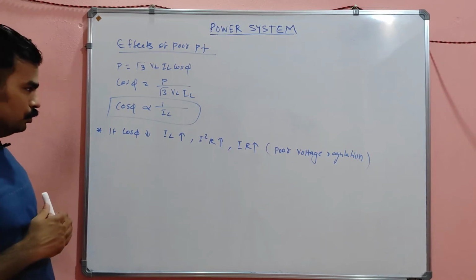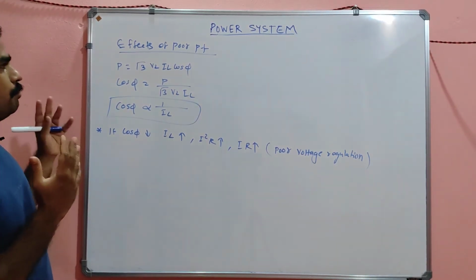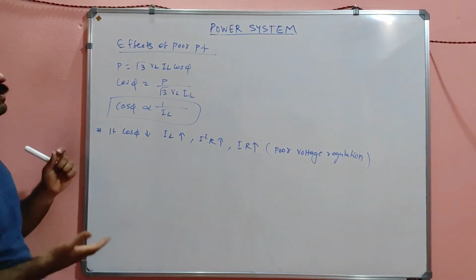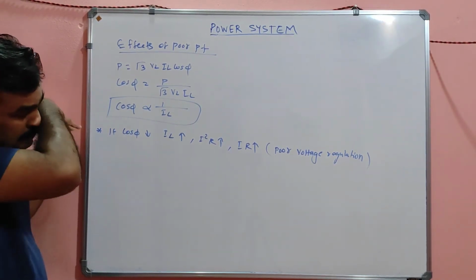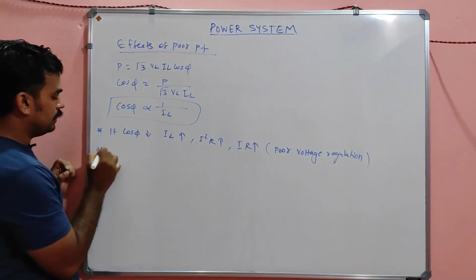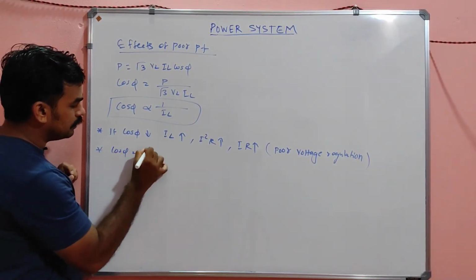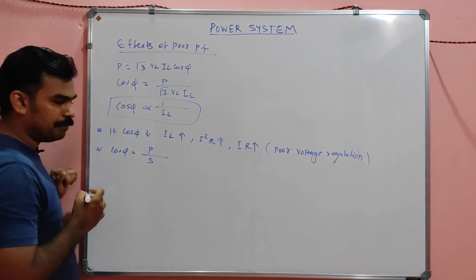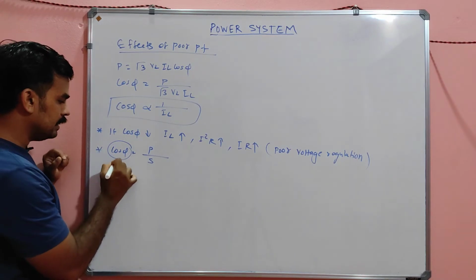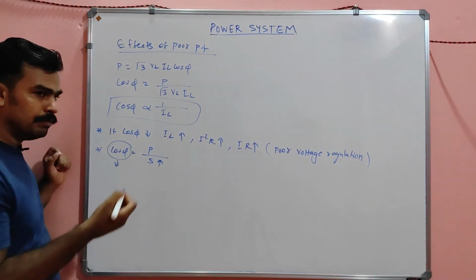So what do we have to do for power factor correction? If I increase the power factor... And one more thing may happen, my dear. Another equation for cos phi is active power divided by apparent power. If cos phi is lower, the apparent power should be high.